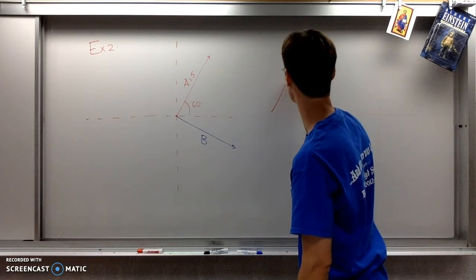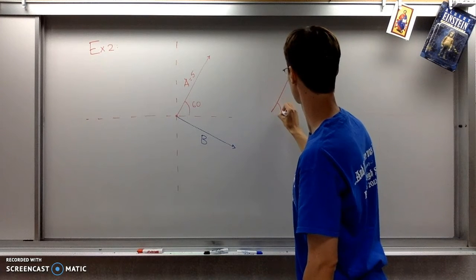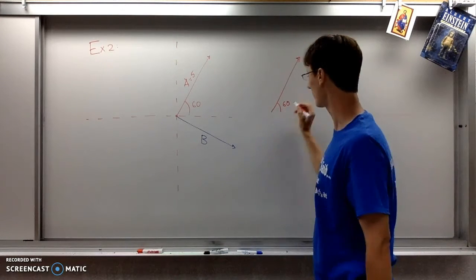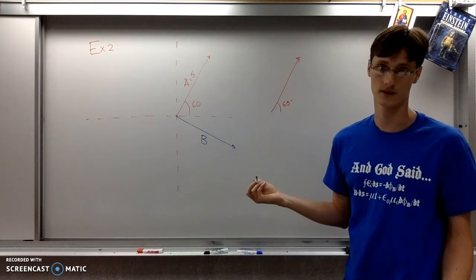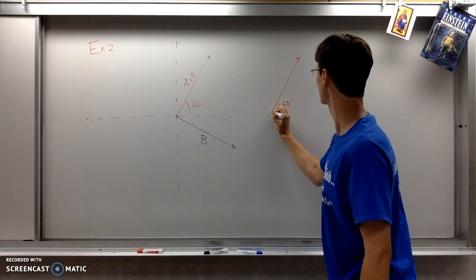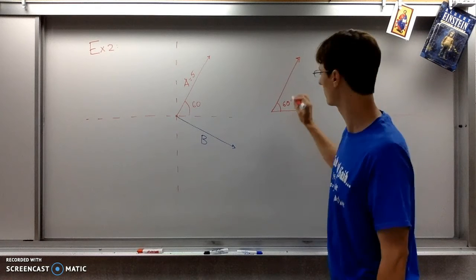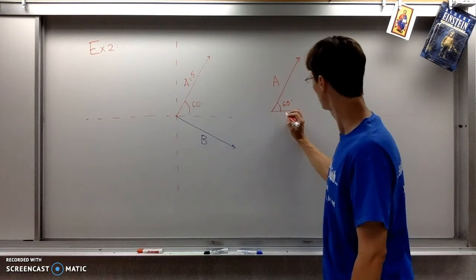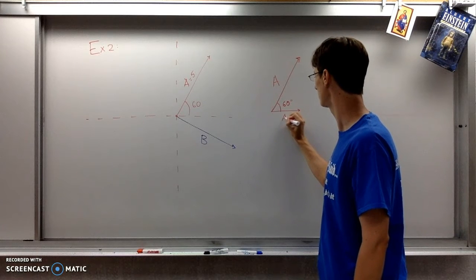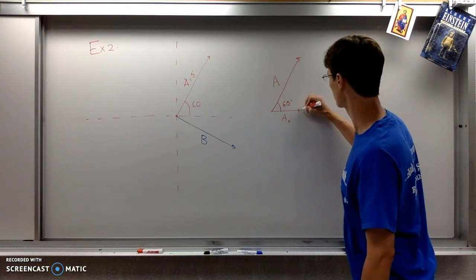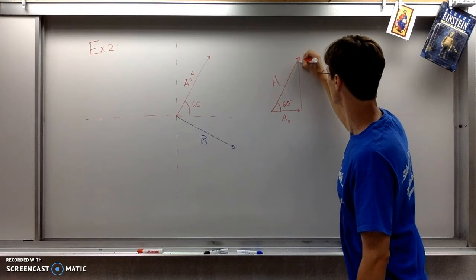Here's vector A. All right, it has components. It has an X component. Since this is vector A, we'll call its X component Ax. And here's its Y component, Ay.